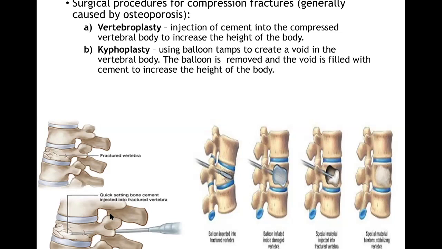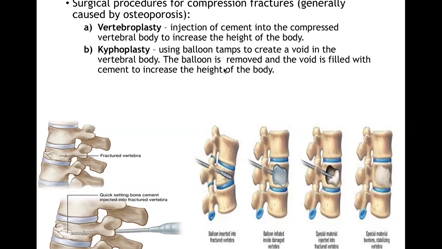It's basically an injection of cement into the compressed vertebral body to increase the height of the body and provide more support. So they're injecting cement into this fallen or compressed vertebral body, and that's going to increase that height. It's quick-setting bone cement that is injected into that area.